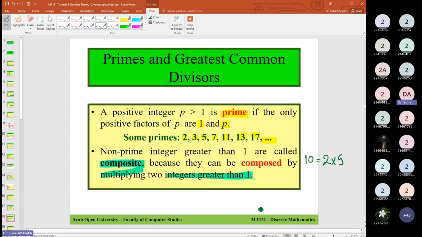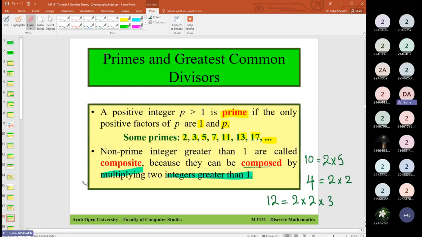The number 4 is composite because it's a multiplication of 2 and 2. The 12 is composite because it's the multiplication of 2, 2 and 3. Okay? So whenever the number is a multiplication of two or more numbers that are greater than 1, in this case we say the number is composite.